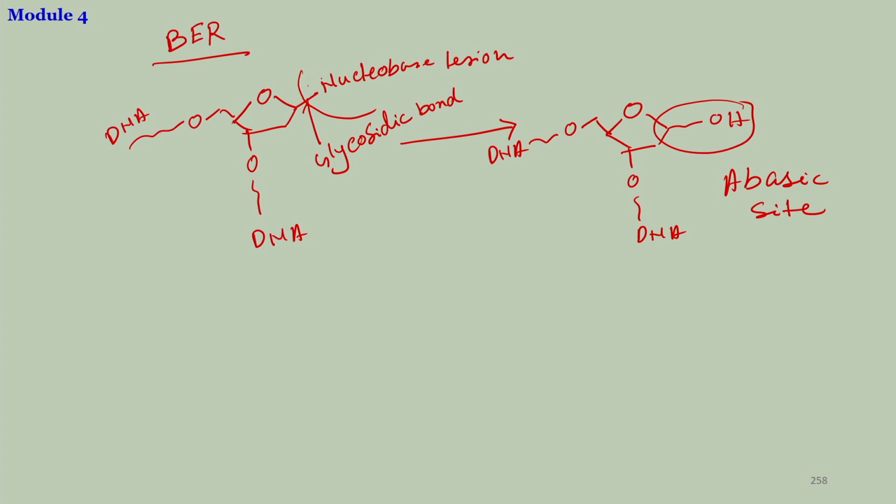So, basically if you have a DNA here 5 prime to 3 prime, this is your skeleton, phosphate is there, and let us say here is the OH 5 prime. So, this is your 5 prime end, lesion, here O and then phosphate and it is going out.